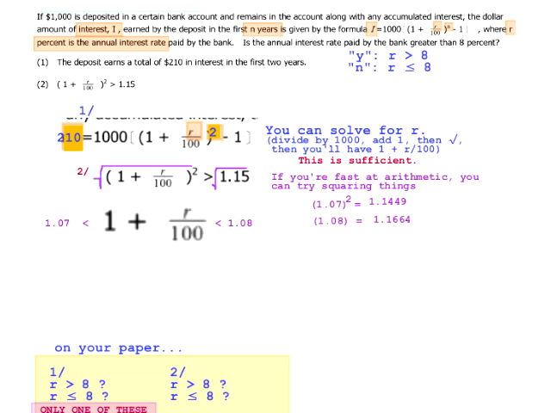Then subtracting 1 and multiplying by 100. Oh, hey, that worked. So this is sufficient because R is definitely less than 8. Cannot be greater than or equal to.